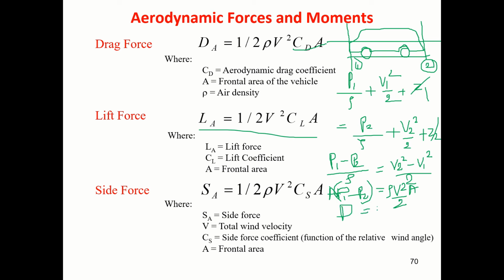This is equal to half rho A V squared. But you see here, the shape is such that not all the kinetic energy is converted into pressure, only part of it. So that coefficient is CD. Okay, that's how we can do it here.